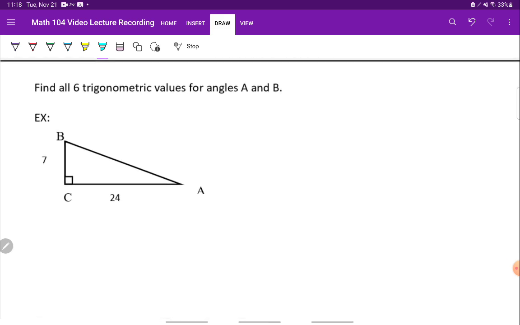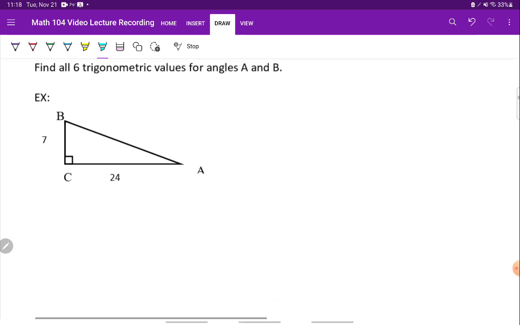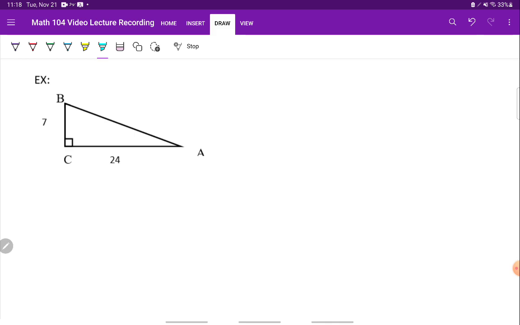So let's find all 6 trigonometric values for both angle A and angle B. Now we'll need all 3 sides of our triangle to list out our 6 trig functions. So let's start by finding our hypotenuse.